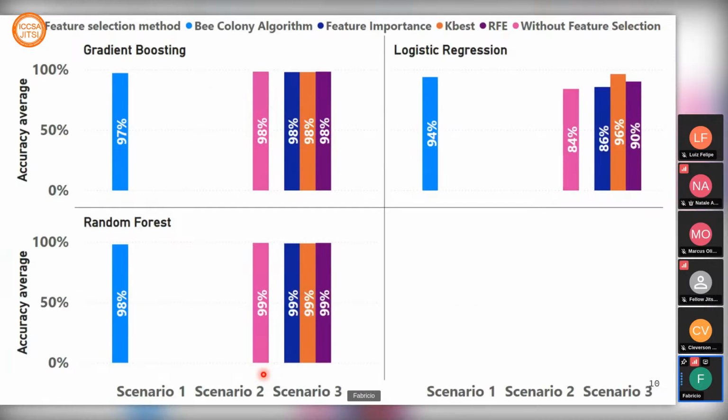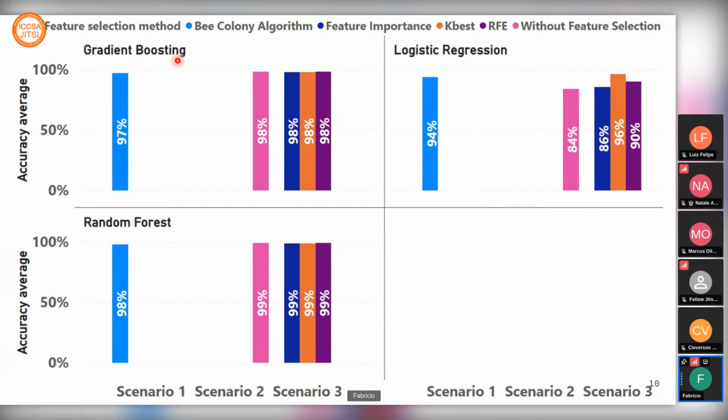And here we have some results. Using gradient boosting, the ABC selecting features got results a little worse than when all the features are used. And when we use one of these feature selection methods, using ABC to set their parameters, they have the same accuracy as the baseline.